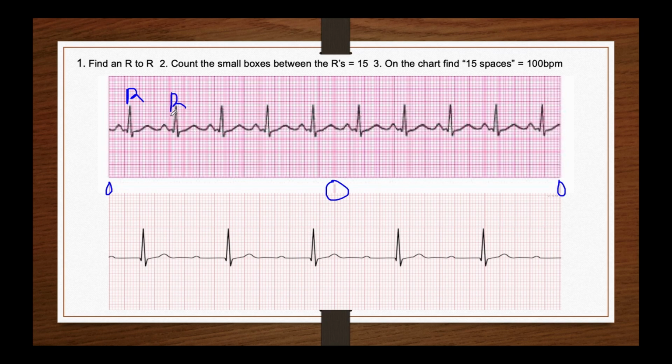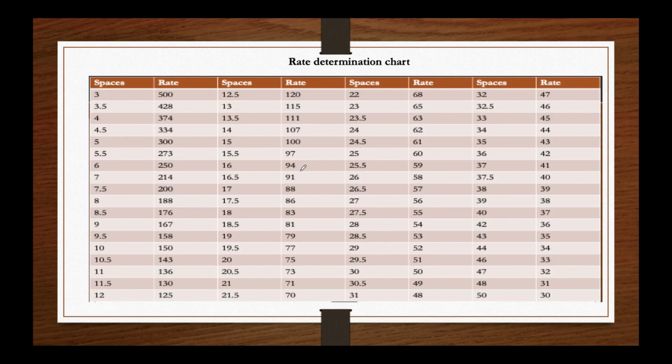So 11, 12, 13, 14, 15. So we have 15 small boxes occurring between these 2 R waves, and so we quickly go onto the rate determining chart and look for 15 spaces. So 15 is giving us a rate of 100 beats per minute.